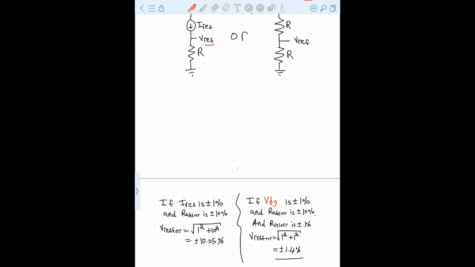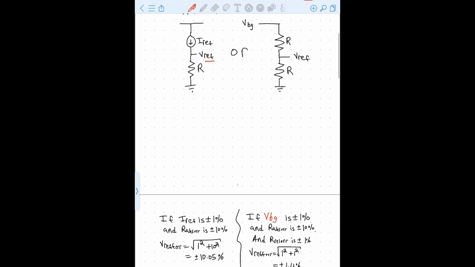That means the top resistor is going to be plus or minus 1% within the bottom resistor. So now, because it's ratio based, the error is now the bandgap and the relative error. So this works out to be plus or minus 1.4%. So it's significantly better than the other example.